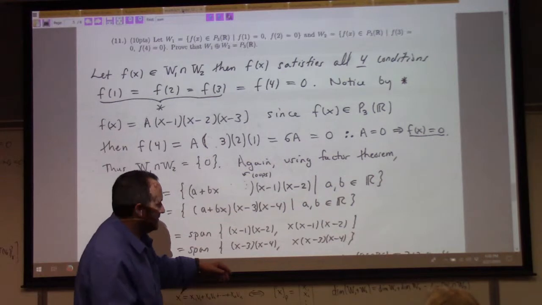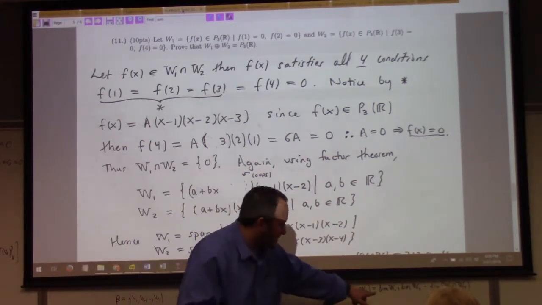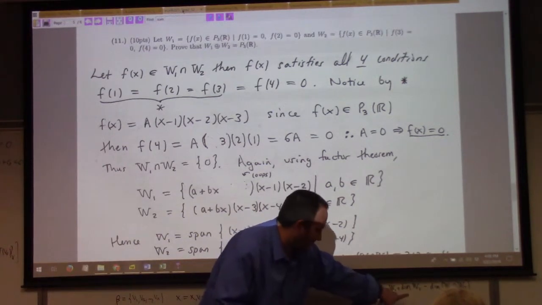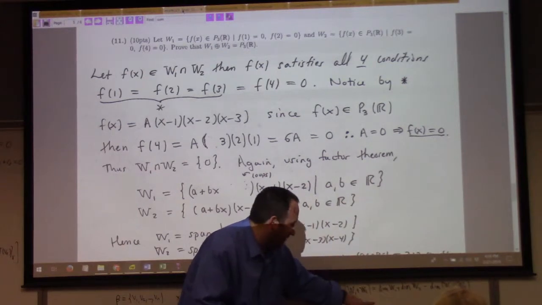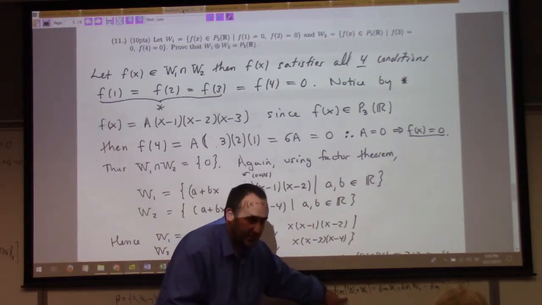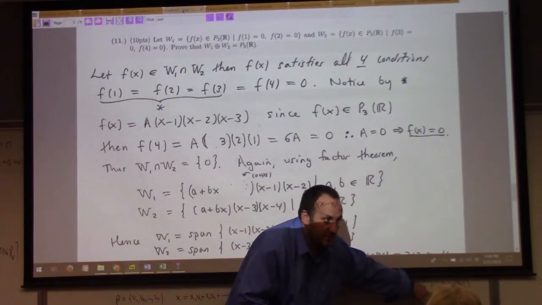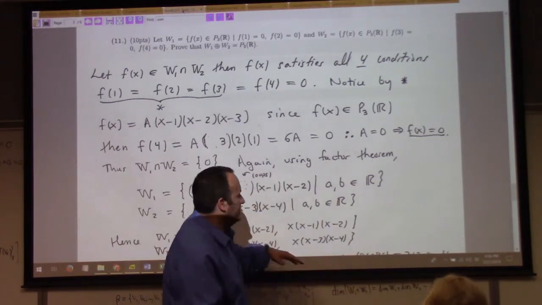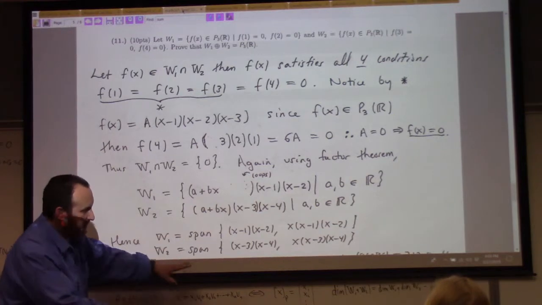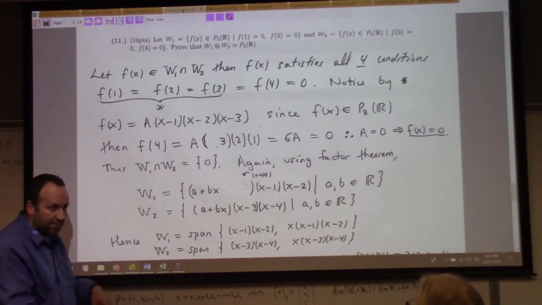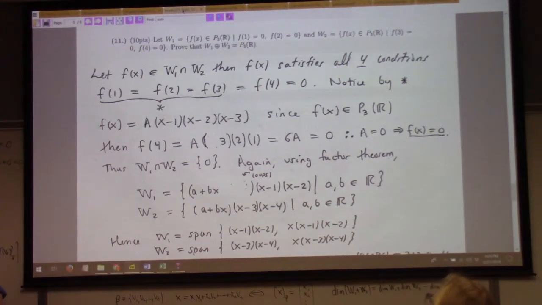Because if this is 2, and this is 2, and I know that P3 is 4-dimensional, what's the dimension of the intersection? It's 0. So with just this, paired with that theorem, I could already have that it's a direct sum, because the intersection is 0 and the sum of W1 and W2 is everything.